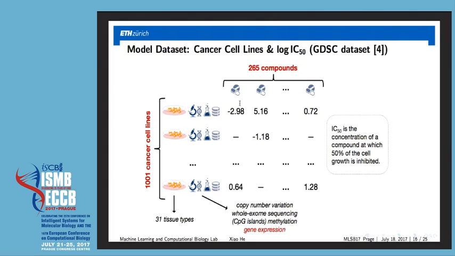The drug response is measured by the IC50, which is the concentration of a drug that inhibits 50% of cell growth. And there are 4 types of genomic profiles. We use gene expression, which is the most predictive one among them. We can also integrate all of them, but we didn't do that yet, since the aim of this project is to show the power of the ranking loss, not integration of data sets.